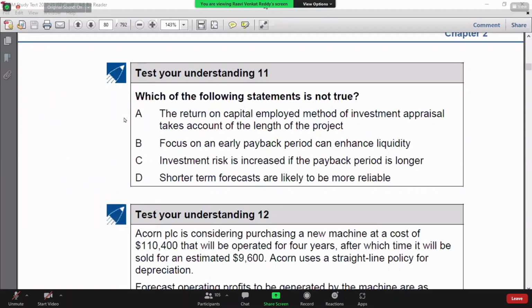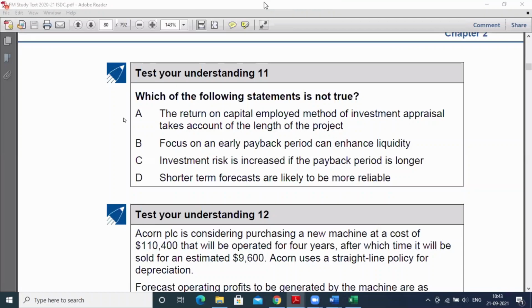See, now let me explain this. Suppose I started a project and my investment was recovered in 2 years only. Then after recovering the investment, again I need to search for a project which gives a better return. Now, don't you think it is riskier?